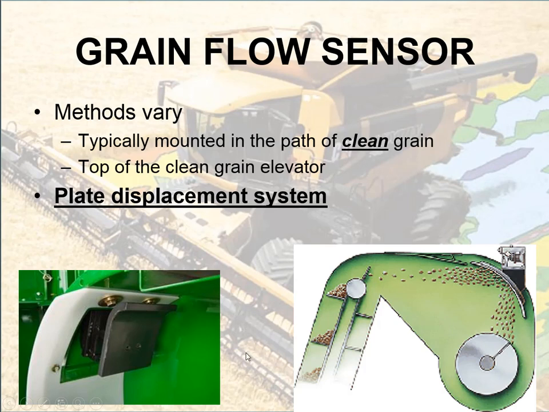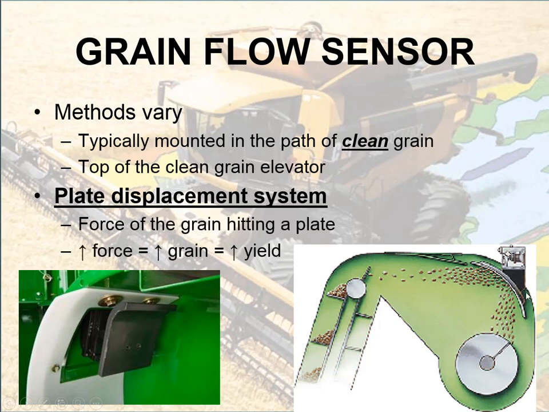But basically as the grain comes off the top of the clean grain elevator, as it's getting thrown forward into the auger that's going to take it into the clean grain tank, that plate sensor is going to sit up there, and basically it records how much force is hitting that plate. So it's a force sense system.